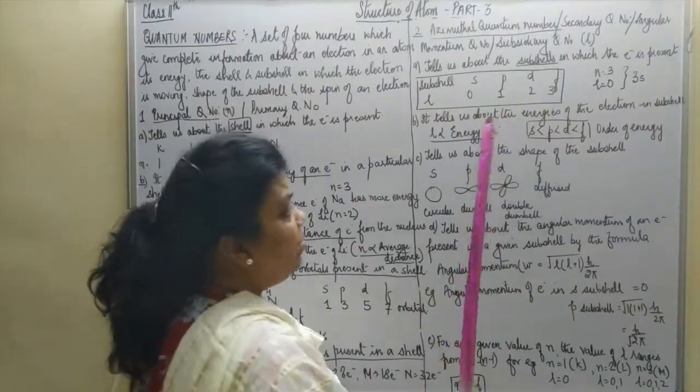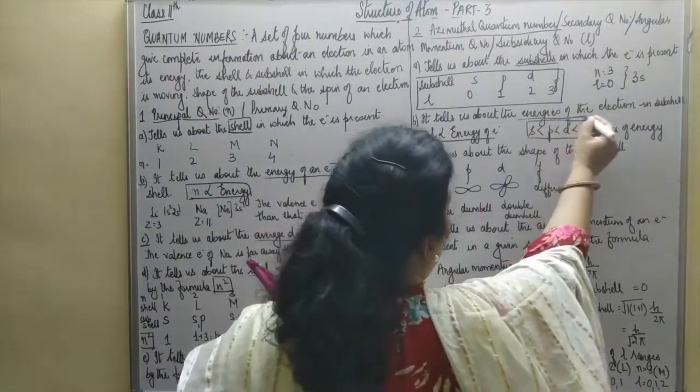So number 2 tells us about the energies of an electron in a subshell.